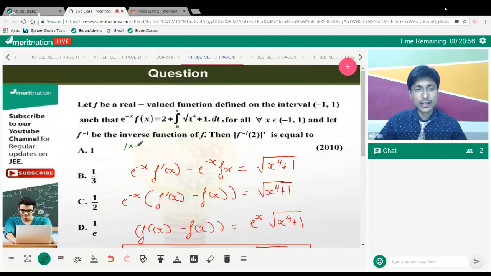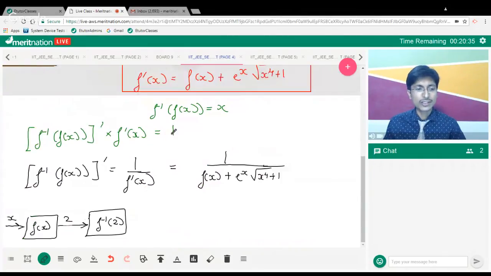And this will be f of 0 equals to 2 plus, integration from 0 to 0 is 0. So 2. Very easy, given in the question. So f of 0 is giving me 2. So in f(x), if I send input as 0, or rather I place the value of x as 0, I get output as 2. So x is 0 over here.